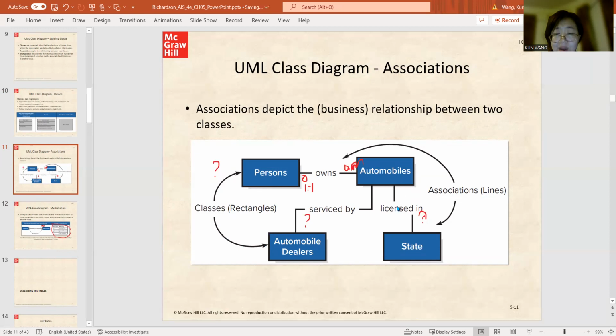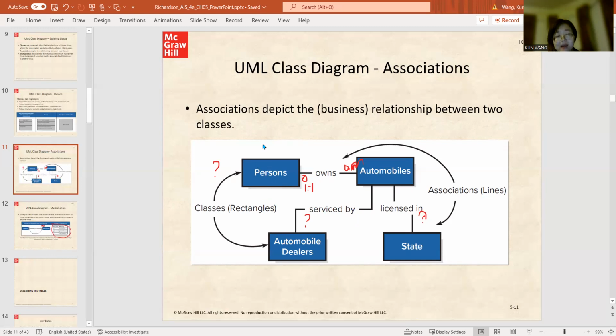And then the car and the state, like the DPS, licensed in Texas or other states. And the car is serviced by the dealer. For example, this is the service required by the customer. So think about the multiplicities from here.